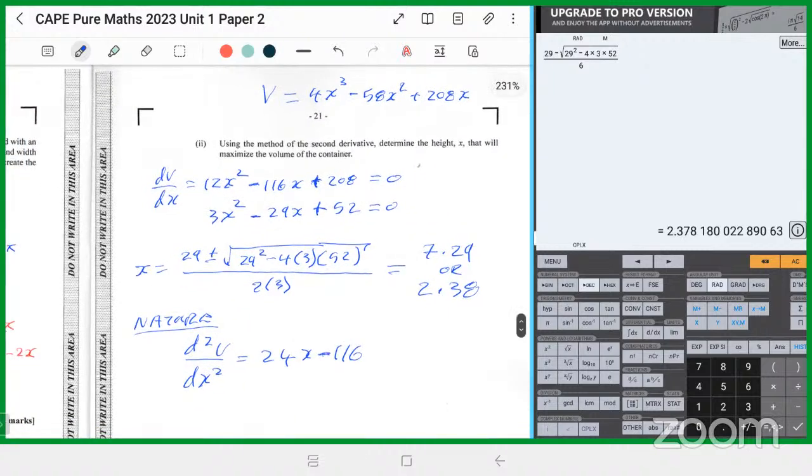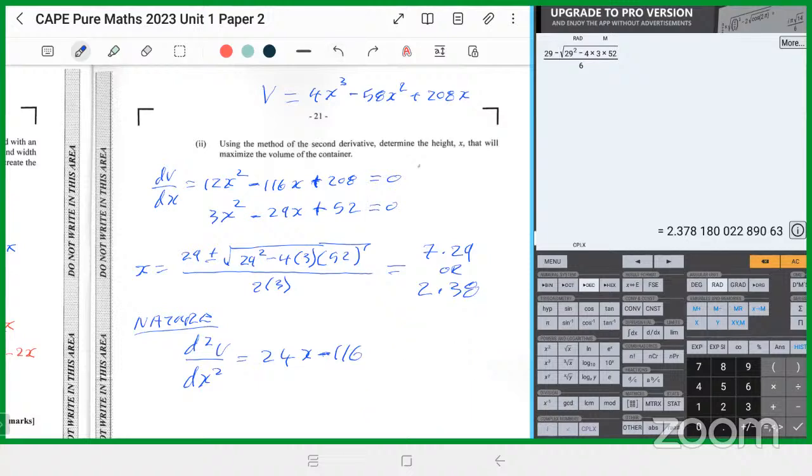Now I'm going to plug this value in. I know that's the one, because as I told you, for a cubic function with a positive x cubed term, the maximum comes before. So since I get these two from my stationary points, this one is for here, and this one is for there. So the smaller one corresponds to the maximum. I can just test it right away and prove it.